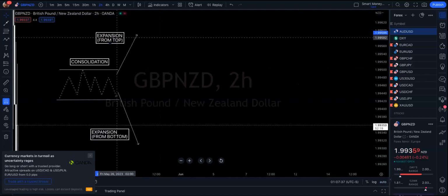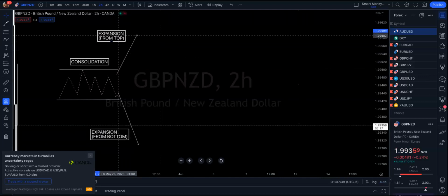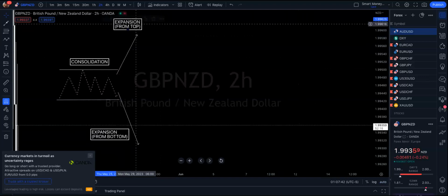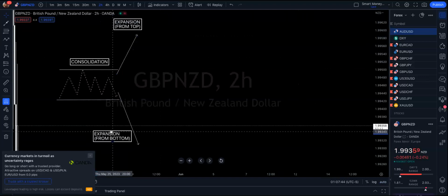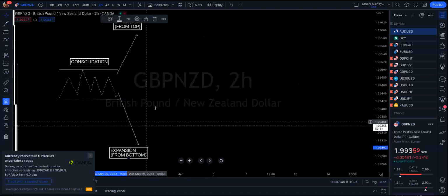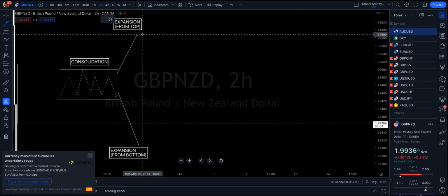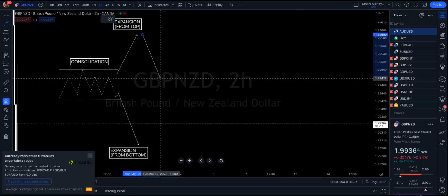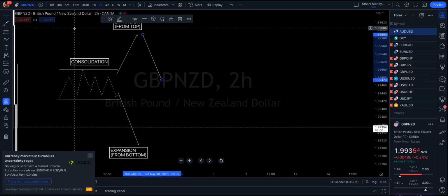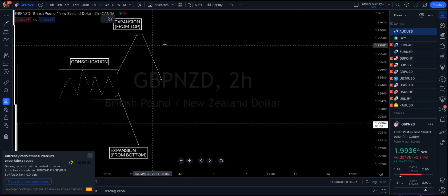After expansion, sometimes we may get a consolidation, but eventually what we get next is called a retracement. A retracement is when price comes back inside the consolidation zone.